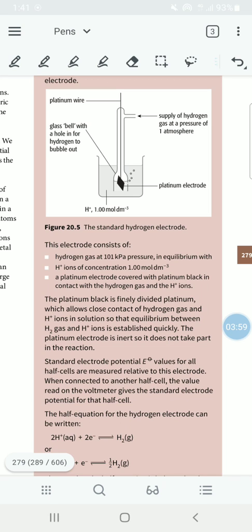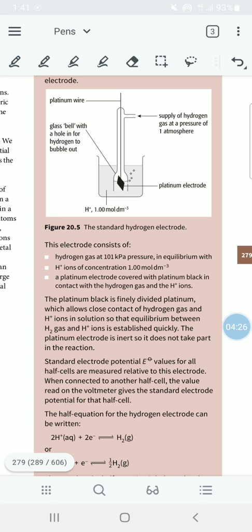The platinum electrode is inert, so it does not take part in the reaction. That is something that is really essential, because the electrode cannot take part in the chemical reaction. Standard electrode potential E standard values for all half cells are measured relative to this electrode, right?